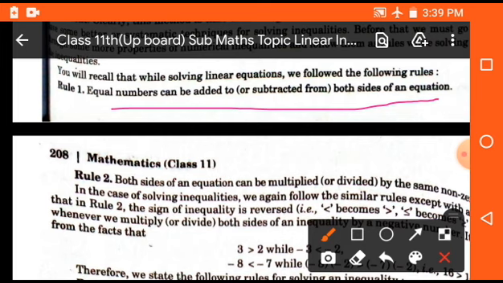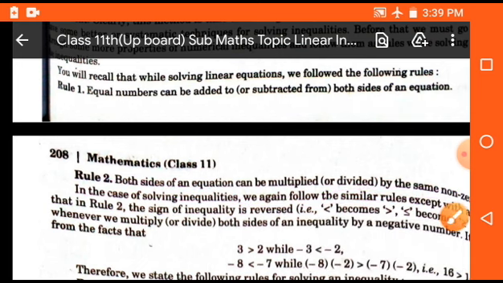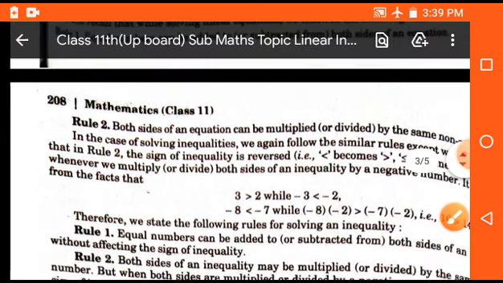The second rule is that both sides of an inequality can be multiplied or divided. It means that if we multiply or divide both sides of any inequality by the same positive number, then there will be no change in that inequality, and this is the most important property of inequality.